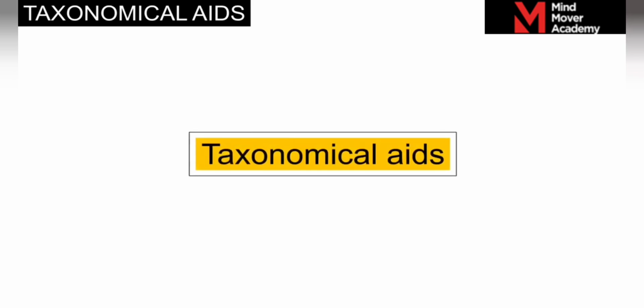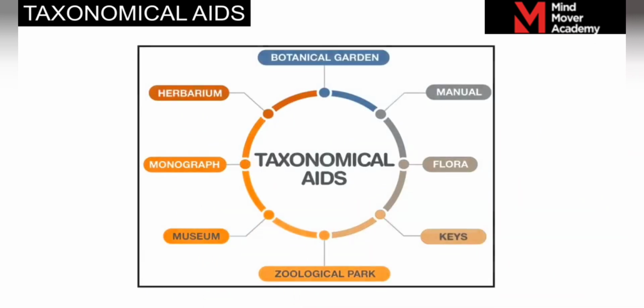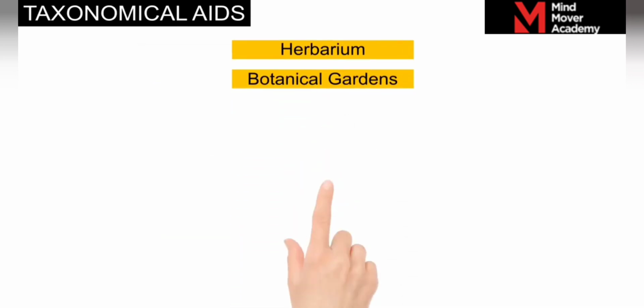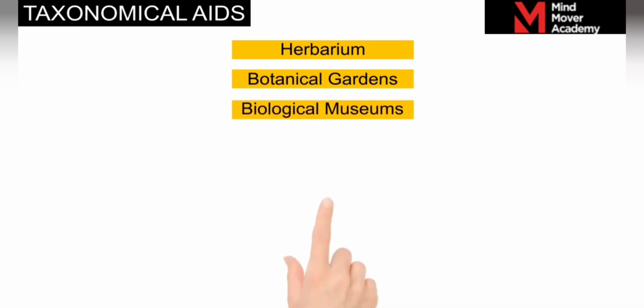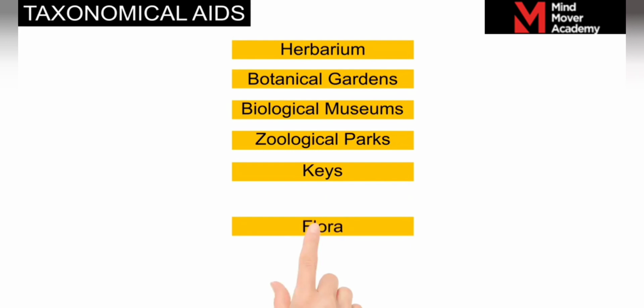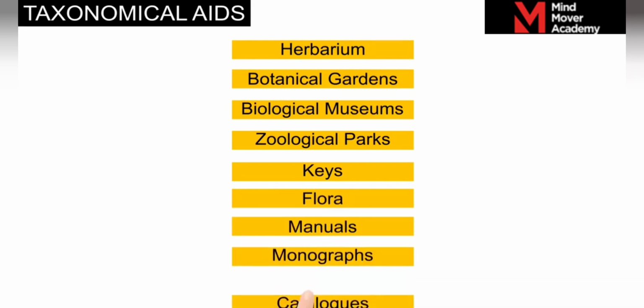Now let us dig deeper into the taxonomical aids. Here on the screen you can see some of the taxonomical aids, but they are not limited to just these. We have the herbarium, botanical gardens, biological museums, zoological parks, keys, flora, manuals, monographs, and catalogs.